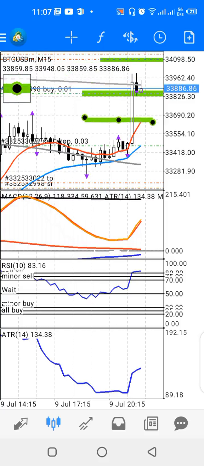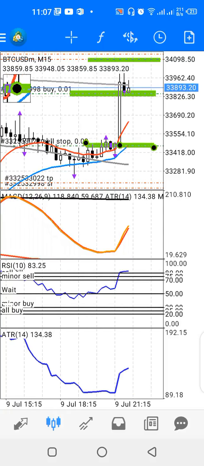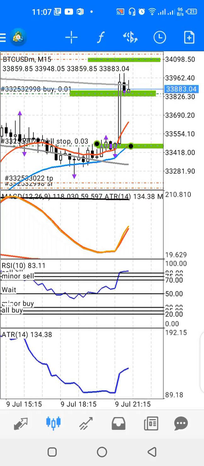But if price retraces up to 380 points, then it will trigger my sell stop order, which is around here. If it reverses and triggers my sell stop order, I'll have two running trades. The first is my buy trade, the second will be my sell trade.